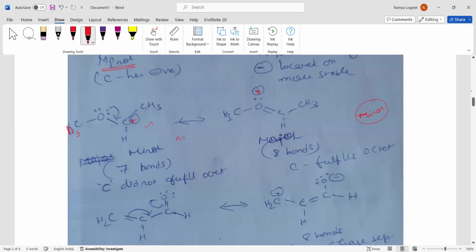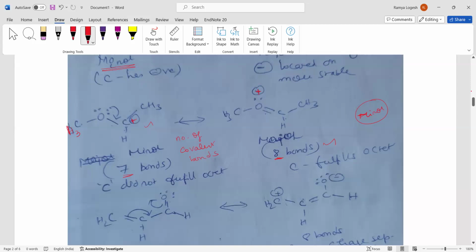The first condition is the number of covalent bonds, isn't it? Count the number of covalent bonds. Here it is 7 bonds and here it is 8 bonds. So more number of covalent bonds is present over here, number 1. Number 2, what is the second condition? Carbon in organic chemistry, what is its necessity to keep on forming compounds?